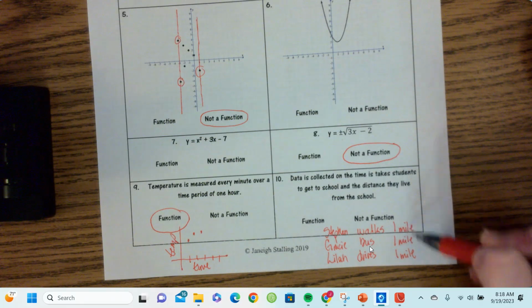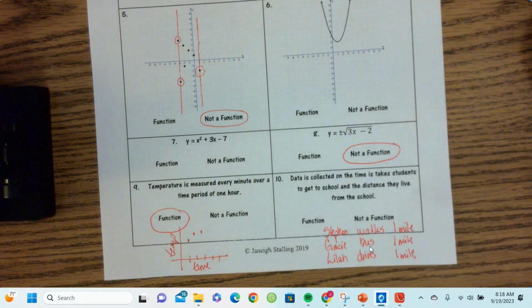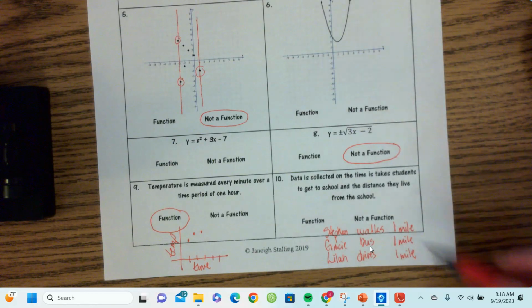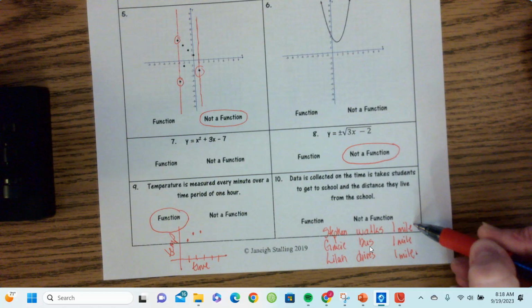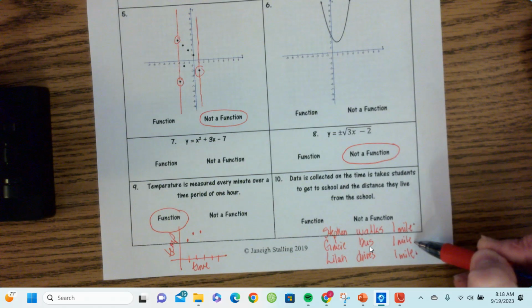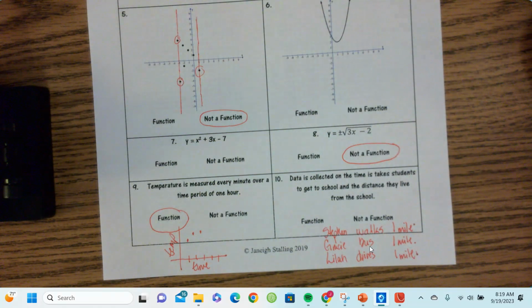Is it going to take the same amount of time for these 3 people to get to school? No. Even though they live the same distance, Lila's probably going to be the fastest. And then Stephen. And then Gracie, because that school bus goes all over the place.